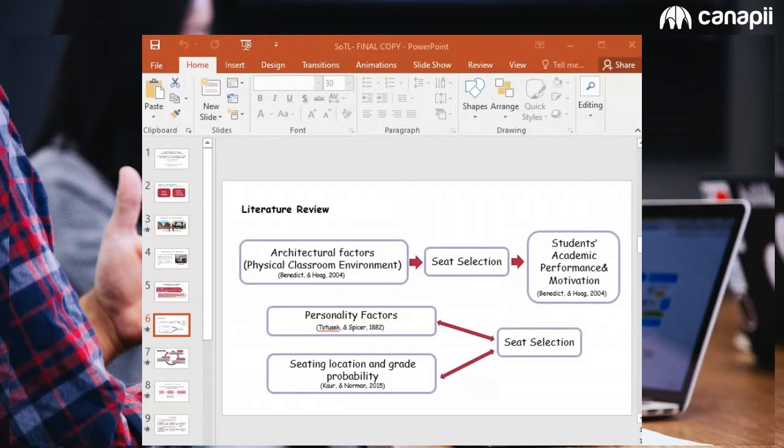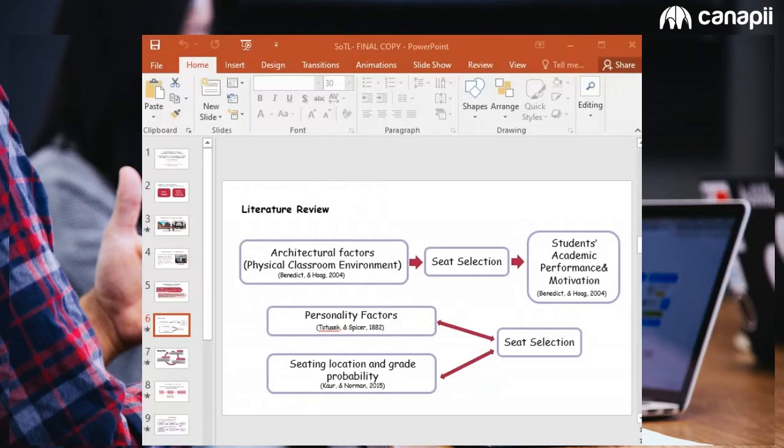Actually, the literature relevant to our interests is not extensive. However, luckily, we found some articles of great quality. For example, we found the architectural factors researched by Benedict and Hoque, who explored how they influence students' seating selection and how that further affects students' academic performance and motivation.